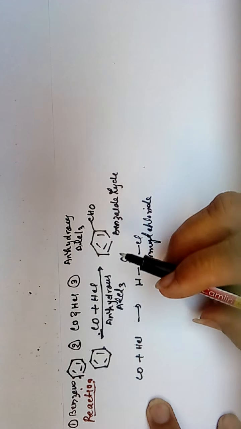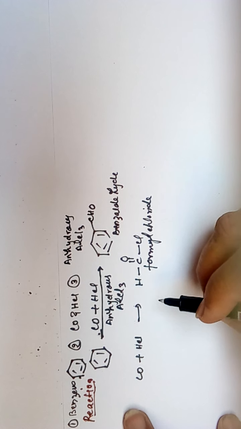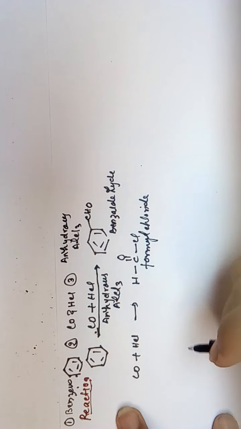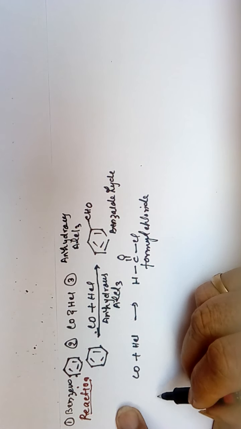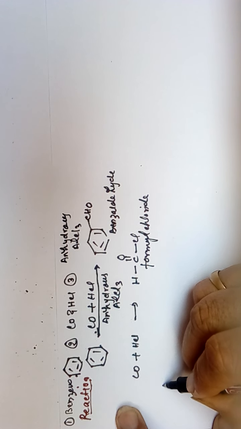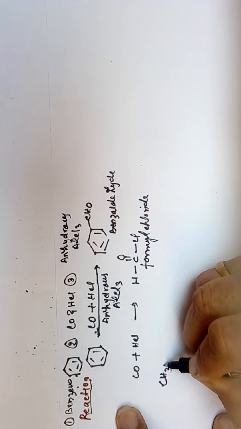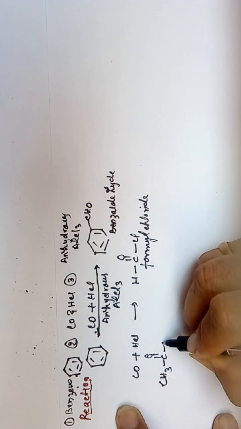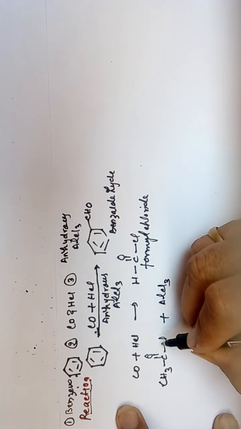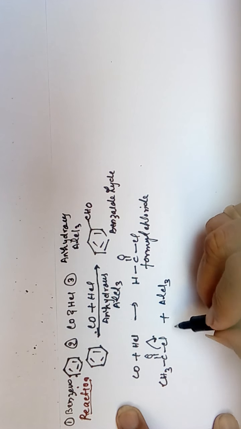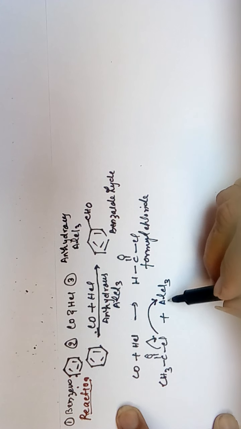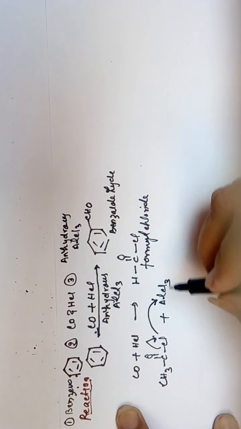Guys, in the Friedel-Crafts acylation reaction, when CH3 acyl chloride reacts with AlCl3, the Cl is released from here and attracted by this AlCl3.